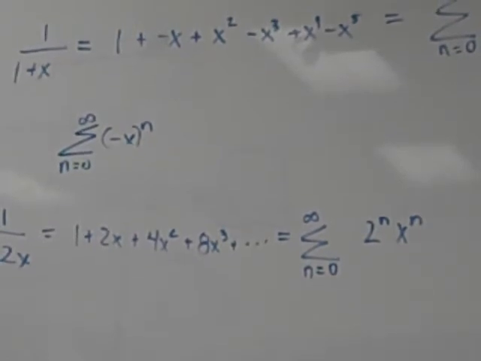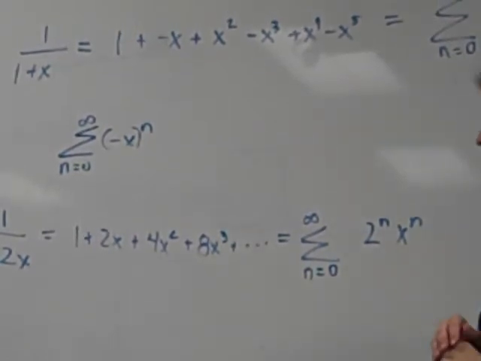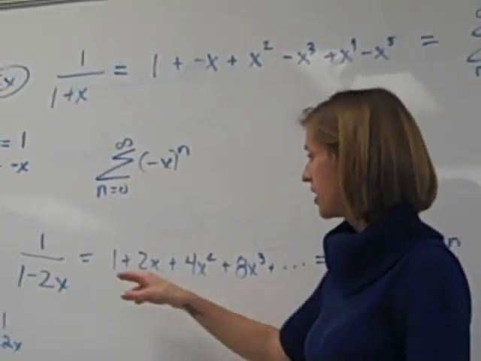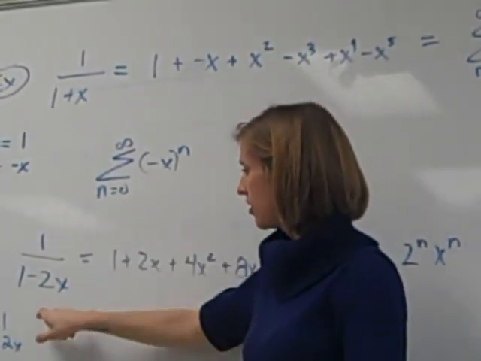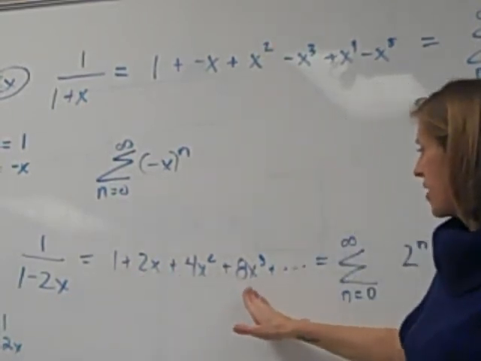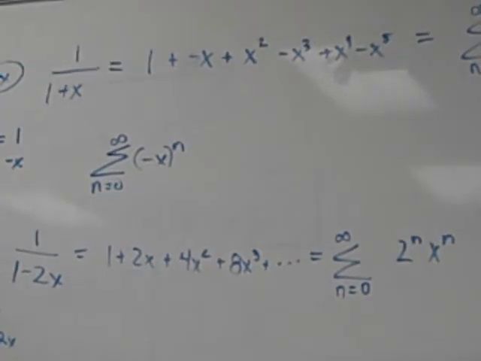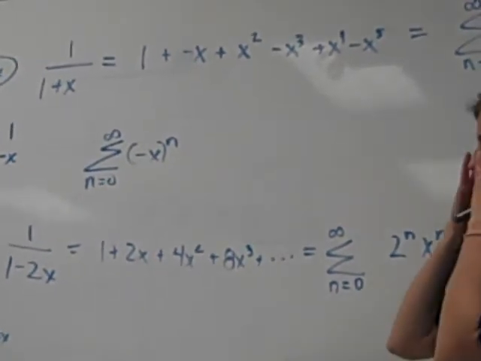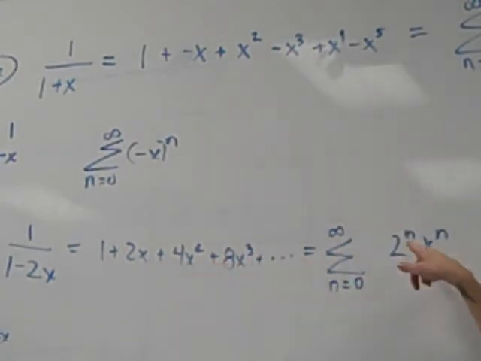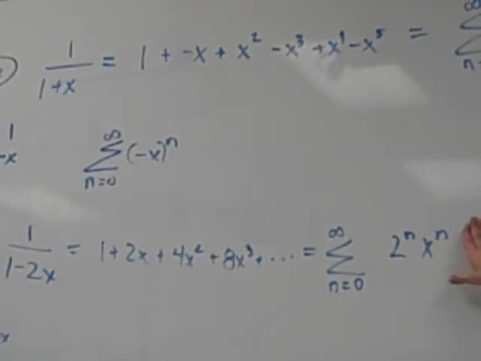So, I don't want to rush you. Sorry. I did it the first way by just writing out the first bunch of terms. A is 1, r is 2x. So I got 1, 2x, 4x squared, 8x to the third, and so on. Depending on how I'm thinking about it, I can look at this as 2 to a power and x to a power, and they're both to the same power, so this works just fine.